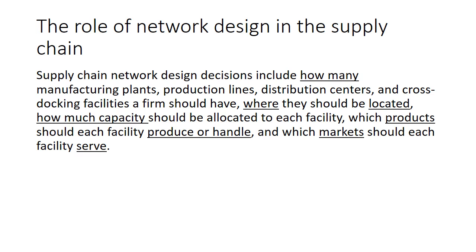Capacity decisions do tend to stay in place for several years, not for months. Keep in mind, allocating too much capacity to a location results in poor utilization and, as a result, higher cost. So you need to see how much capacity you allocate.